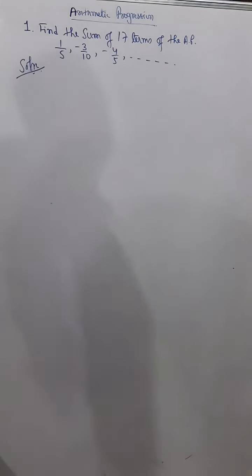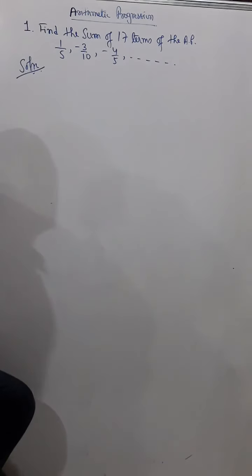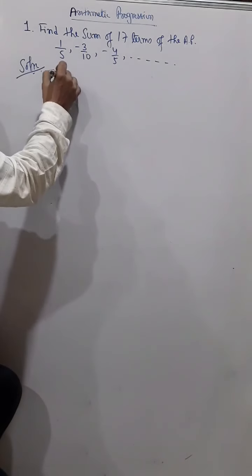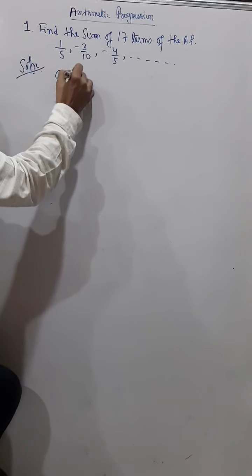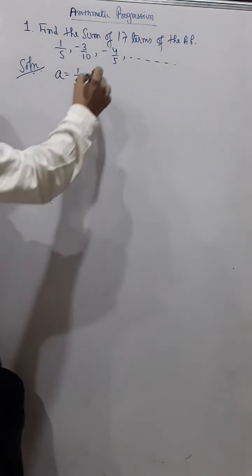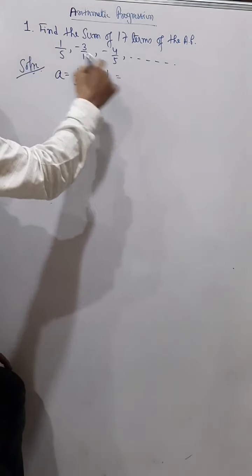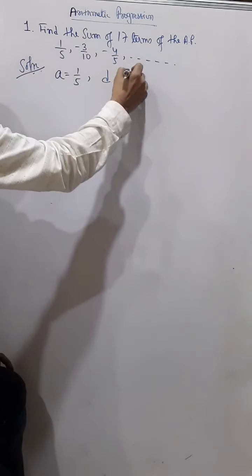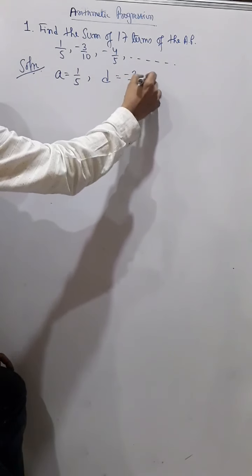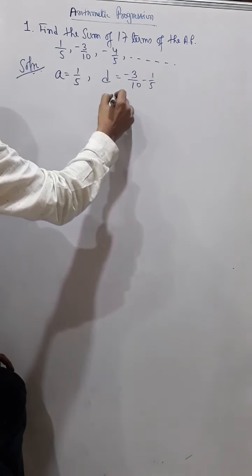Okay, now see this question. Find the sum of 17 terms of the AP 1 by 5, minus 3 by 10, minus 4 by 5, and so on. So here we can say that a is equal to 1 by 5. Common difference d will be this minus this, so minus 3 by 10 minus 1 by 5.